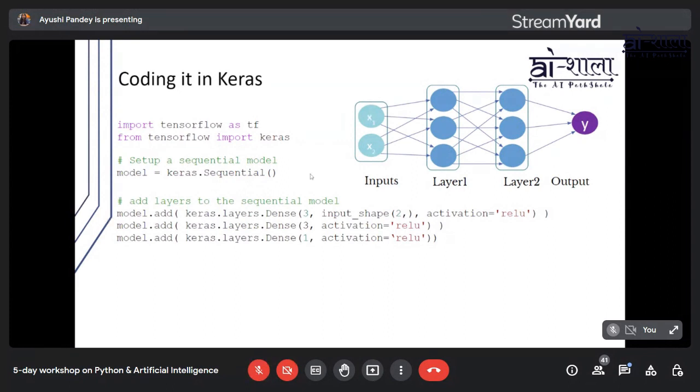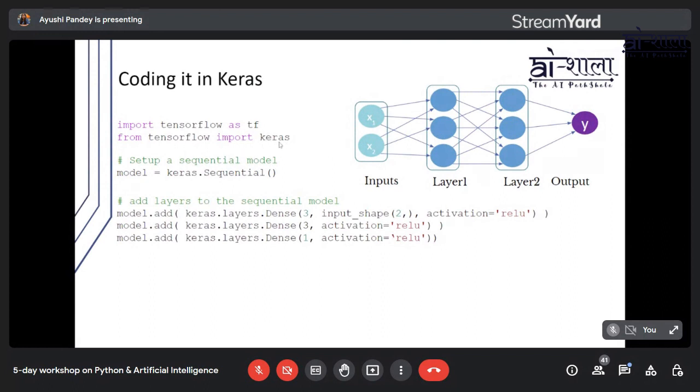Before starting, you must be thinking, okay, what is this TensorFlow and what is this Keras? TensorFlow and Keras are both open source end-to-end platform libraries for machine learning tasks. TensorFlow is for multiple machine learning tasks, while Keras is a high-level neural network library which runs on top of TensorFlow.